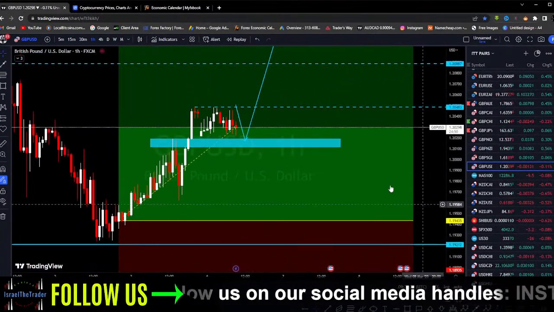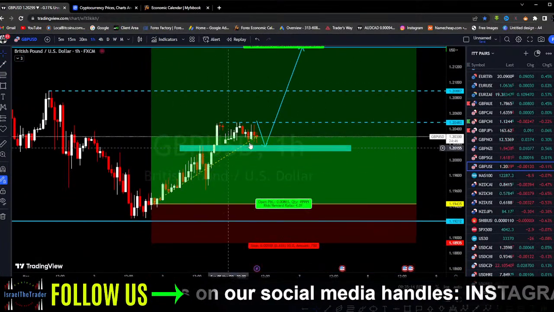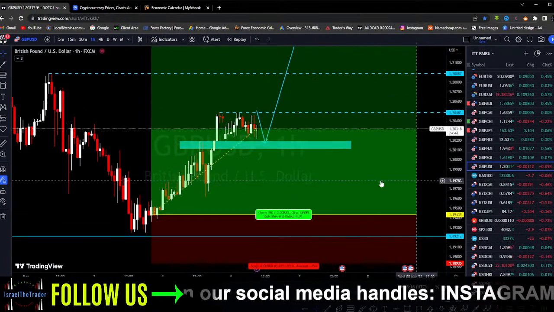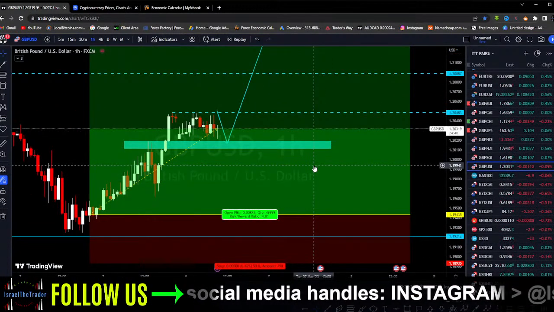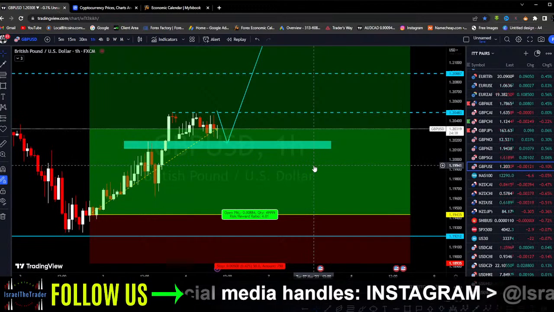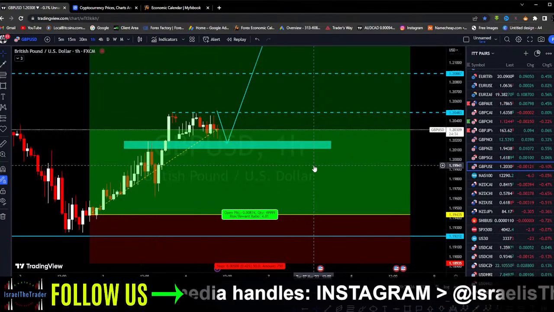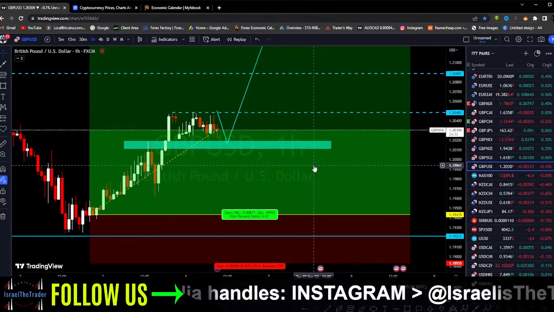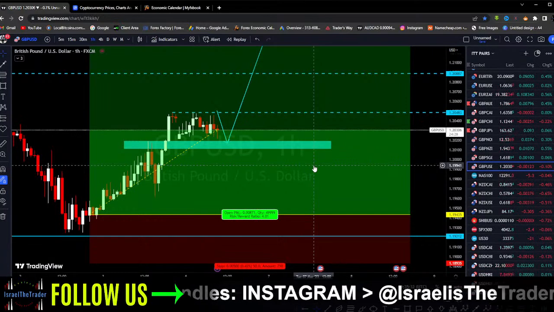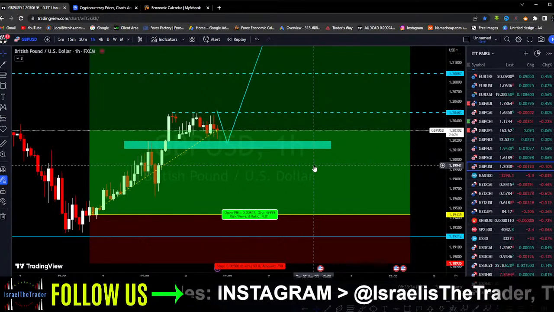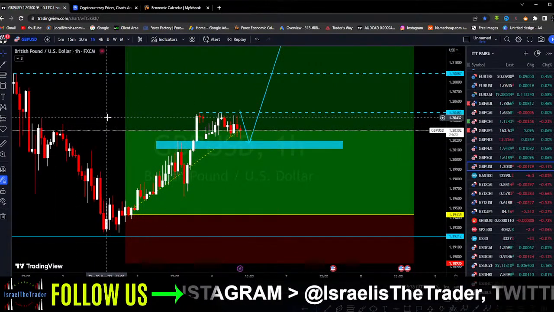Oh, on GBP USD we almost already missed the target. It has already reached where we were supposed to get in as our entry point. So right now it is still not the right time to get in.